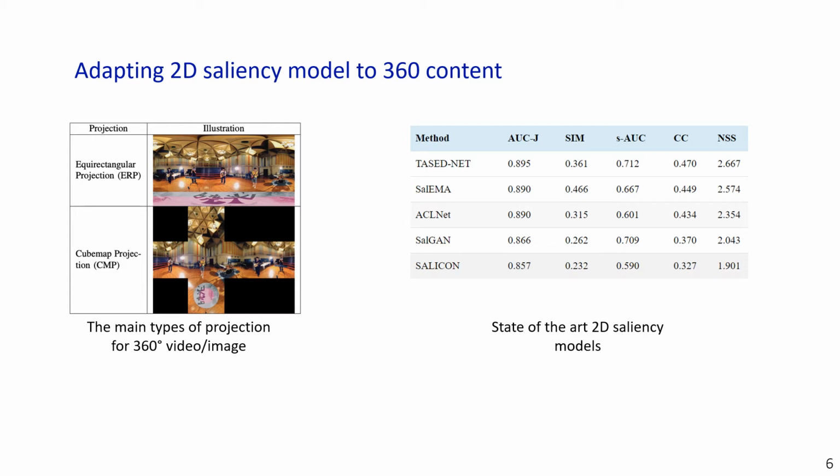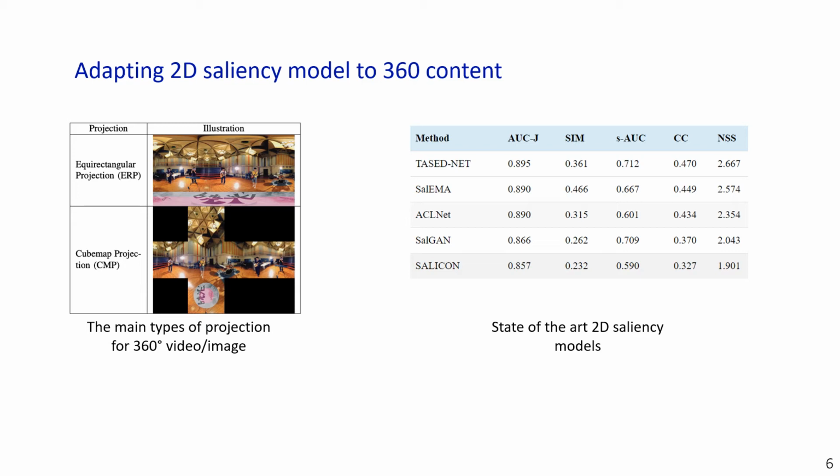Despite the remarkable improvement in 2D saliency modeling with recent state-of-the-art models, the advancement of 360 saliency is still very limited. In order to adapt a 2D saliency model to 360 frames, we first need to project this omnidirectional frame to a planar format, so we need to apply a sphere-to-plane mapping.